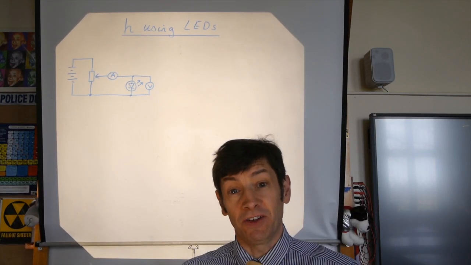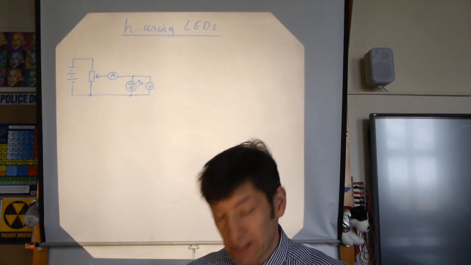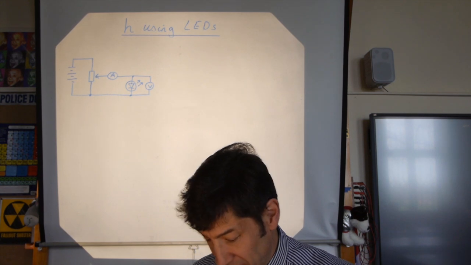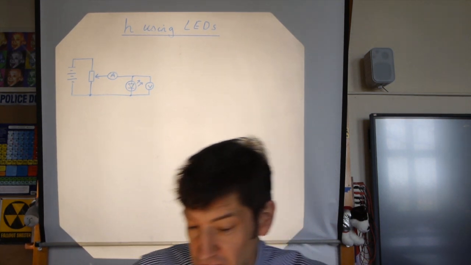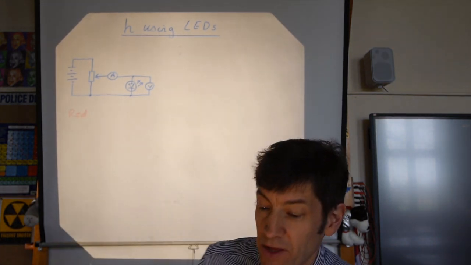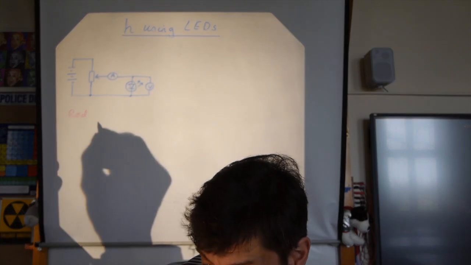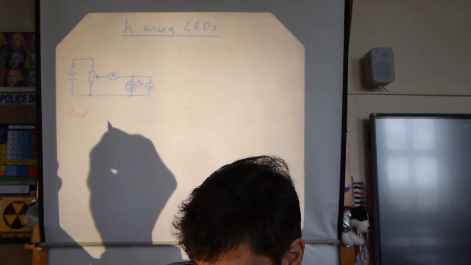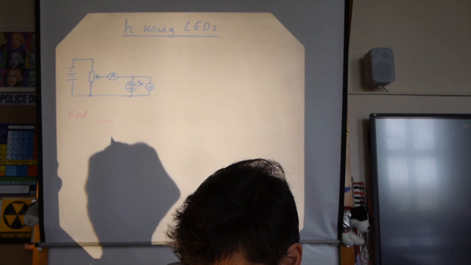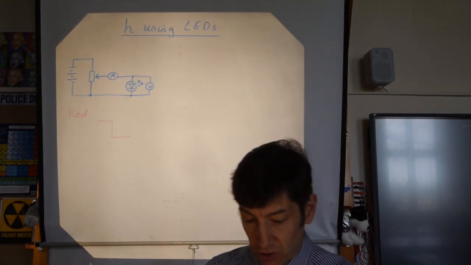Now, semiconductor physics and semiconductor junction physics is a bit tricky, and you don't need to know about that. So I'm going to try and show you my easy way of understanding it. Let's firstly look at a red LED. You can imagine the semiconductor junction in the red LED as being a sort of step, with the electrons coming along and trying to go down in energy level to give off one photon of light.